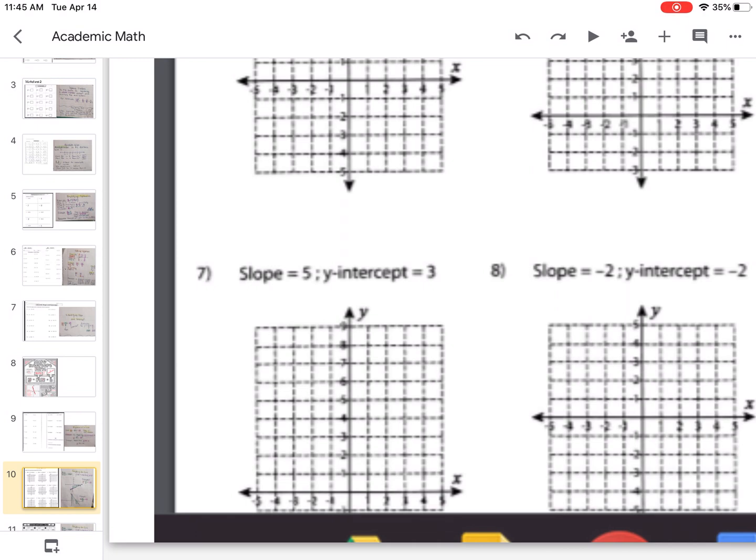So it's telling you from 3, you should have a dot on your 3 going up. On the y, there should be a dot on your 3. You're going to go up 1, 2, 3, 4, 5. Now you're at 8, and then you're going to move over 1 and put a dot.